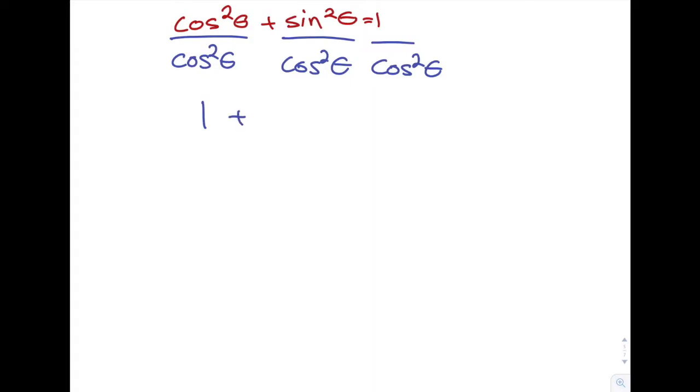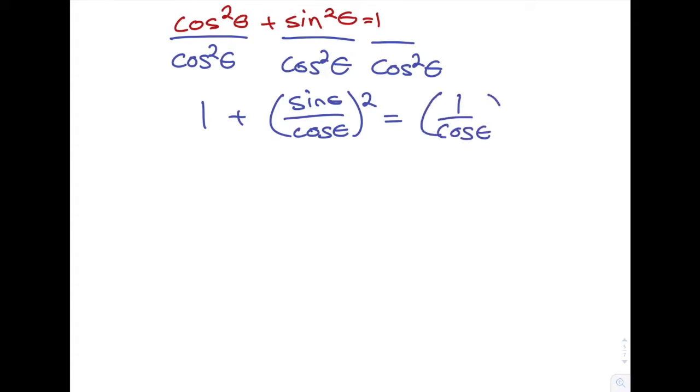Sine squared theta over cosine squared theta, that's (sine theta over cosine theta) squared, which would be tangent squared theta. Let me write out that step so it's completely clear. (Sine theta over cosine theta) squared equals 1 over cosine theta squared. Now sine theta over cosine theta is tangent theta, so that'll be tangent squared theta equals, and 1 over cosine theta is secant theta, so secant squared theta.